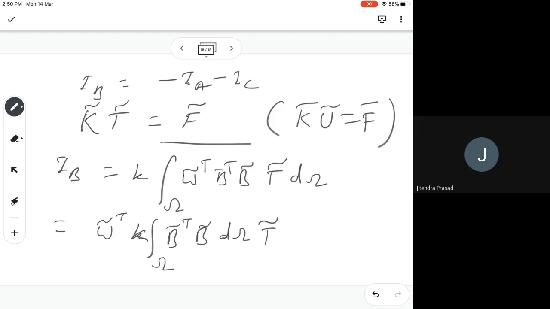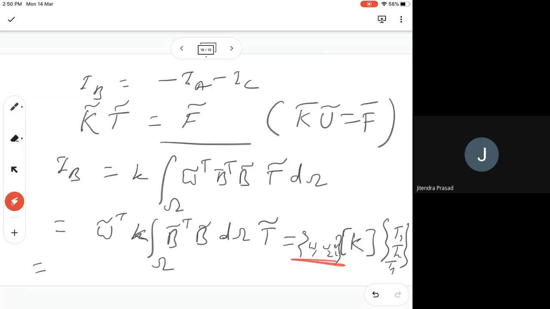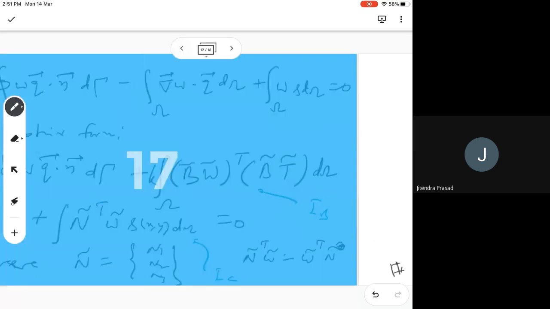Which is nothing but whatever our K is, and then we have W1, W2, W3, and here we have T1, T2, T3, which is equal to W multiplied here, and K multiplied by T here. So this second integral is like this. Now look at the IA.